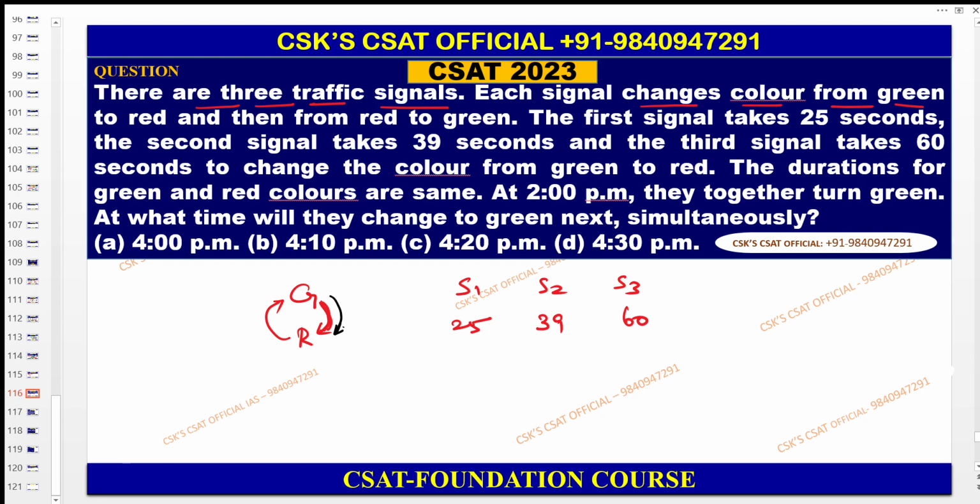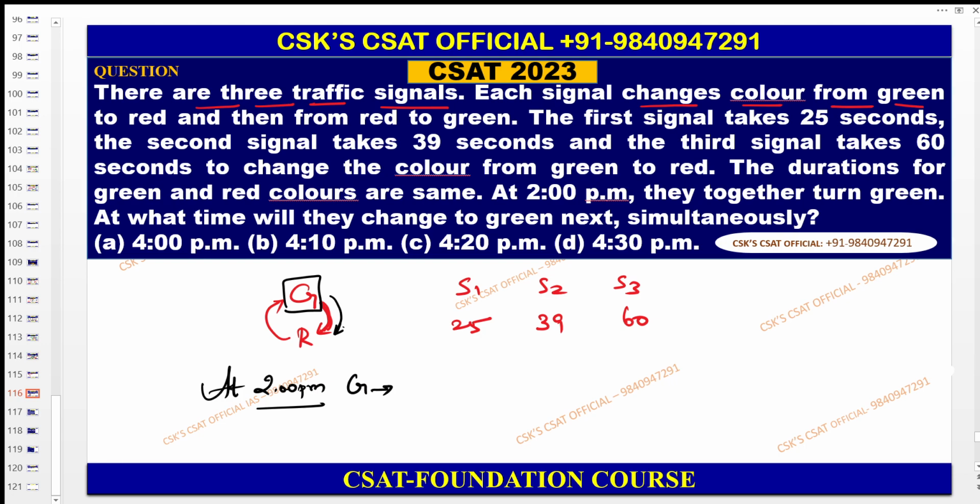Now at 2 p.m., this is a very important statement, at 2 p.m. they together turn green. Please take note of this also. Together turn green. So now at 2 p.m. it is in the green.